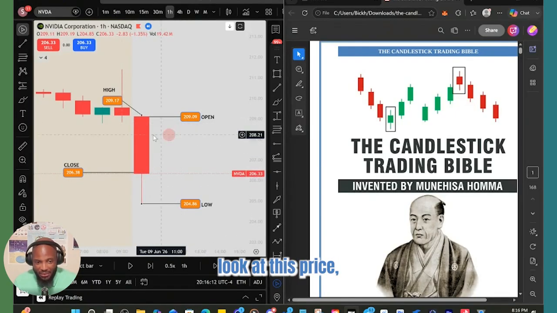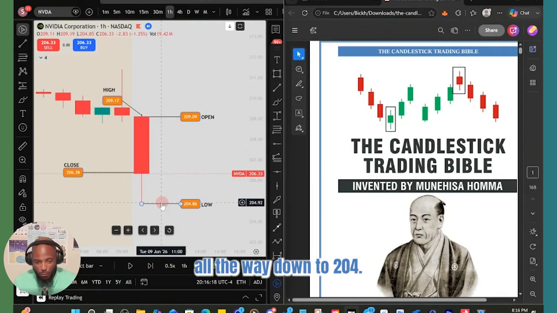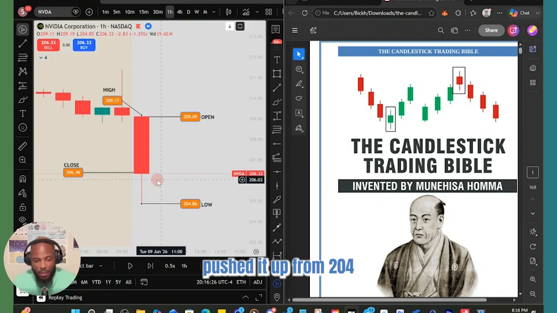Look at this price, right? Look at the price. Opened at 209. Sold all the way down to 204. That is 5 points, roughly. 5 points moved down. And then buyers pushed it up from 204 to 206, closing at a 3-point candle instead of a 4 or 5 point candle.